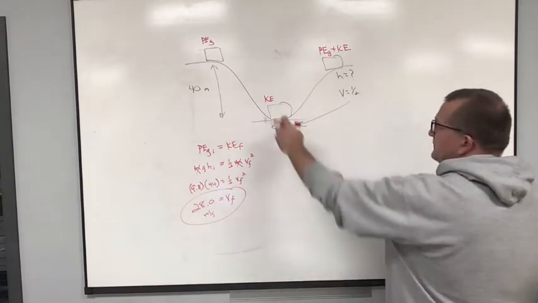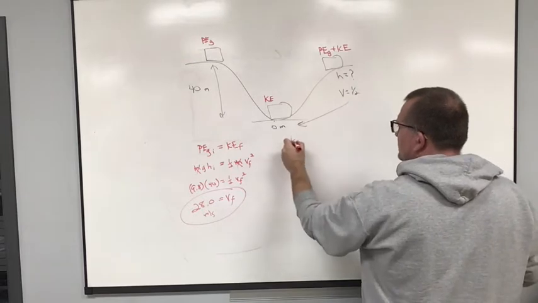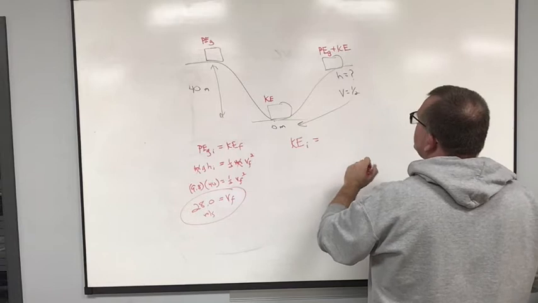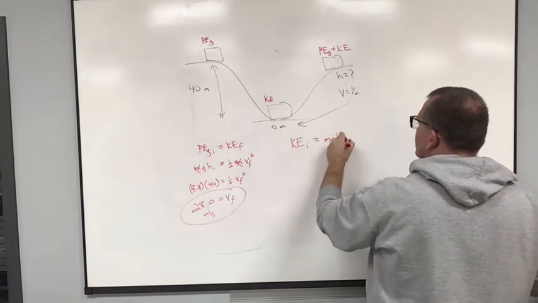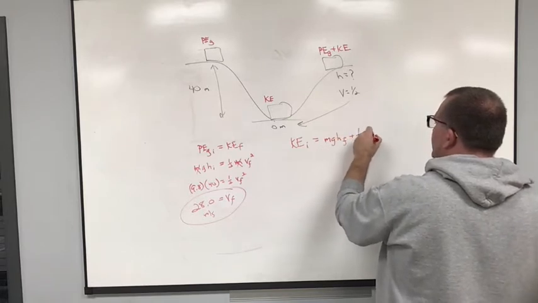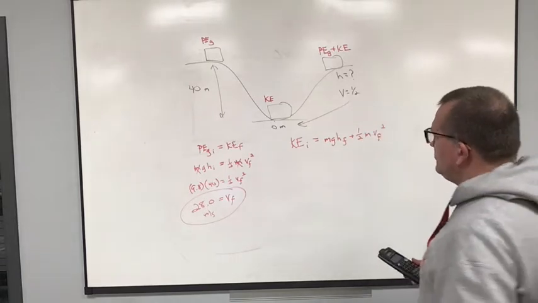So now, at the bottom I have kinetic, at the top final I have both. So kinetic energy initial is equal to mass g height final plus 1/2 mass vf squared.